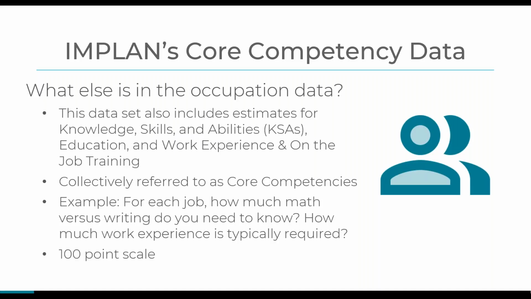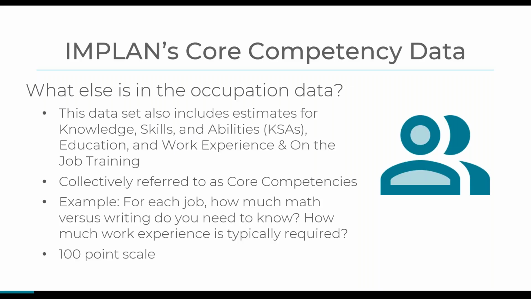We multiply those 2 scales together and come up with an initial estimate, and then renormalize all of those to 100. So ultimately, this data does end up in a format that is a ratio, and that is why it's visible and applied the same way as the other components of our occupation data.